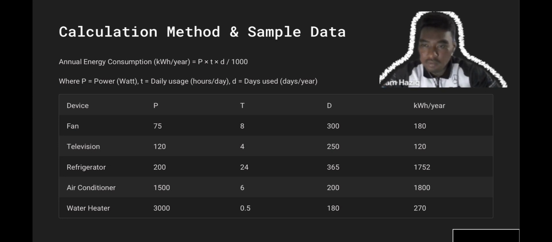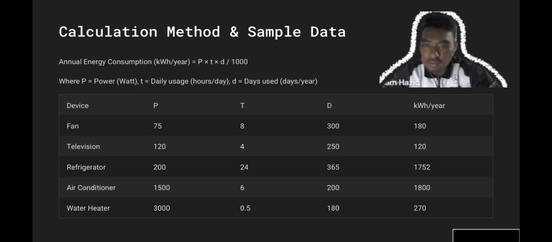So these are the 5 devices. The P for the fan is 75, television 120, refrigerator 200, air conditioner 1500, and water heater 3000. For the daily usage time, fan 8, television 4, refrigerator 24, air conditioner 6, water heater 0.5. These are how many hours and days that we are using it.